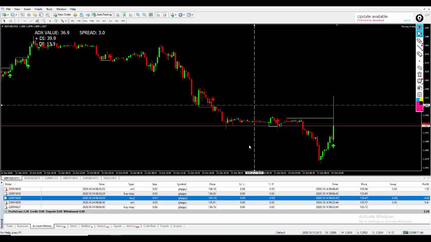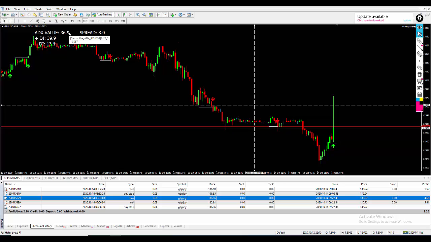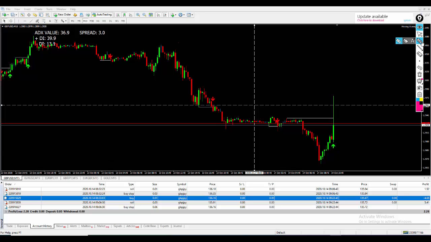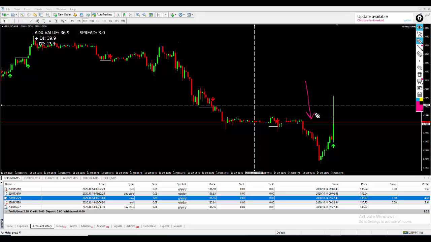And two, if I look at the ADX value, which is here, you can see this support and resistance here, this one, I want it to be broken. That's the first condition that will make me take this trade. The second is, you can see my ADX value is above, and the direction here is above 20, and my ADX strength is above 25.